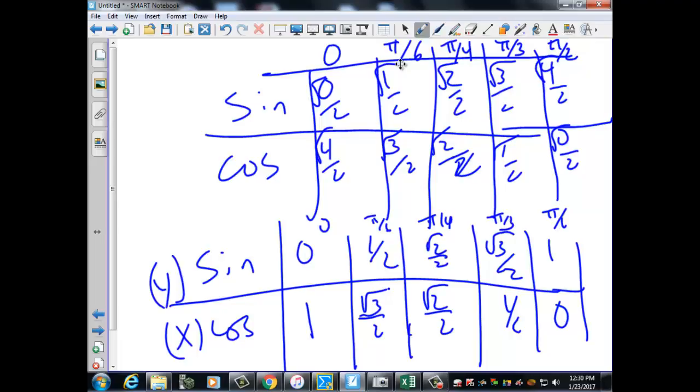Now, you have two options here. You can either A, memorize these 5 sets, plus memorize 5 more sets for quadrant 2, memorize 5 more sets for quadrant 3, and memorize 5 more sets for quadrant 4, or you memorize one set and then go adjust the signs.